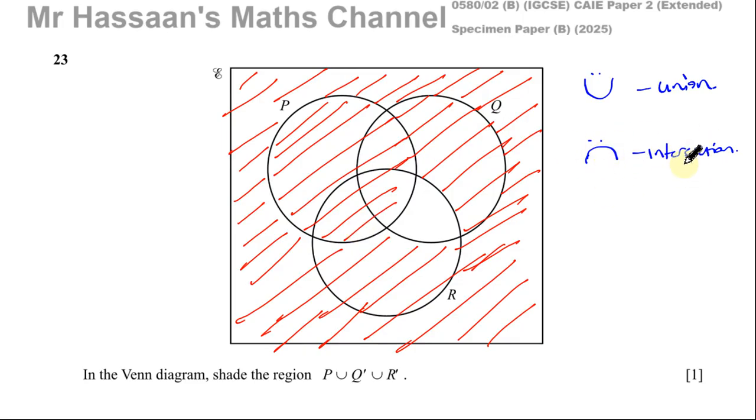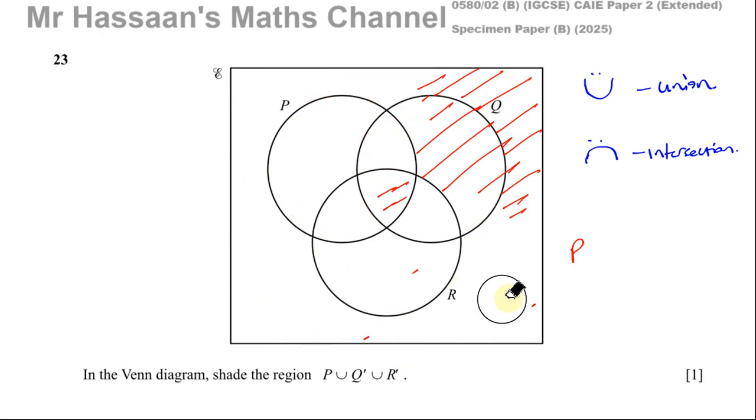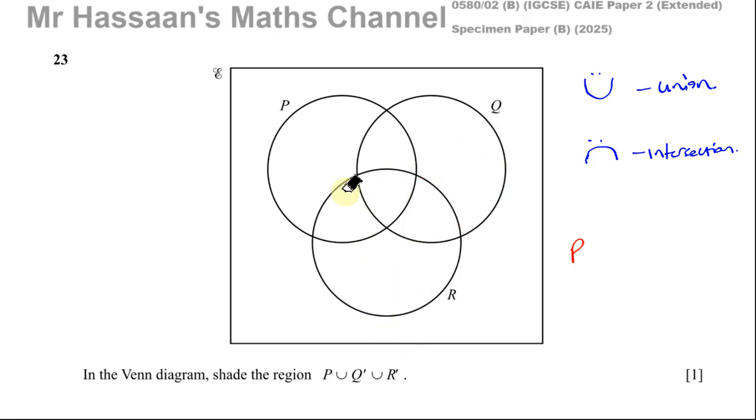But whenever it's union, if it's in, it's in. For the purposes of instruction, I'm going to change the question and then put it back at the end. Supposing the question was P intersection Q complement intersection R complement.